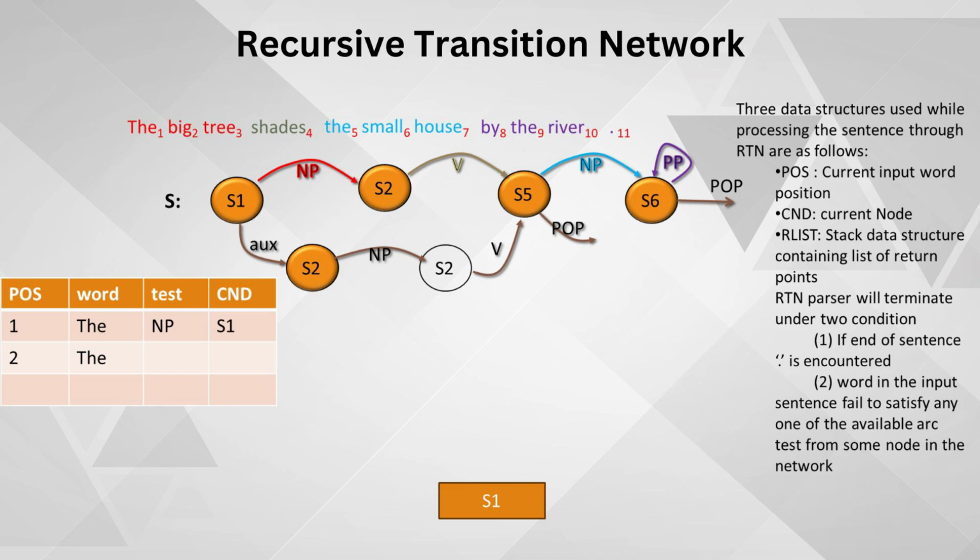Shades is a verb, so it will pass that verb test and move to S5. In S5, again the small house is a noun phrase, so it will go to S6. By the river is a prepositional phrase, so a call to the prepositional phrase network will be made, and this will be the end of the sentence, meaning this particular sentence successfully passes the entire network and has a correct syntactic structure.